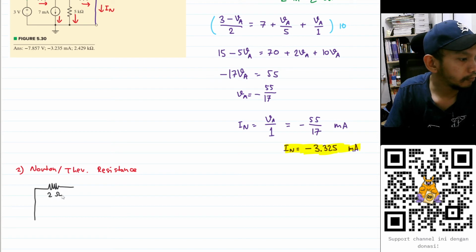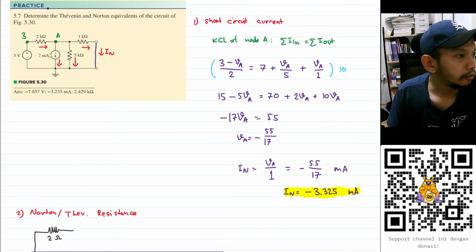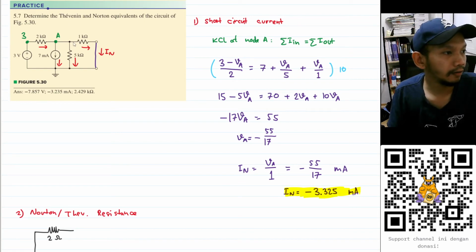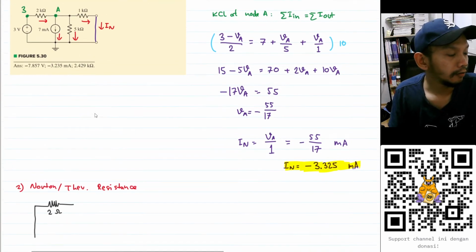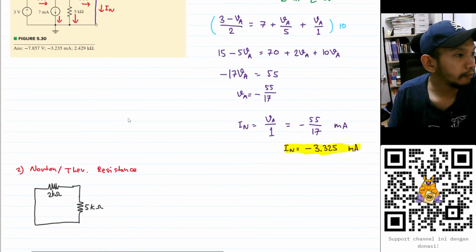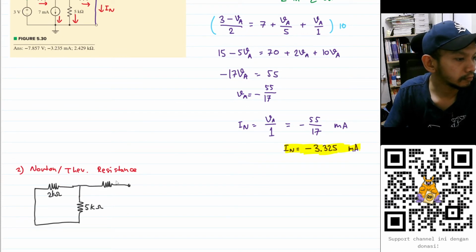I have 2 kilo ohm. Then this current source is replaced by an open circuit, and we still have that 5 kilo ohm. And then the last one will be that 1 kilo ohm.